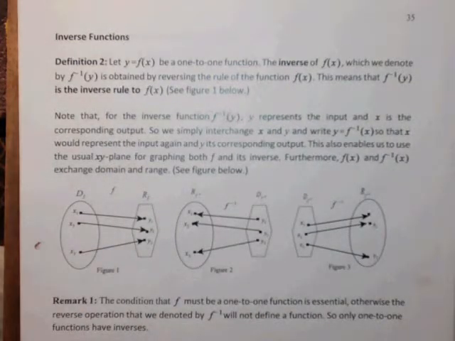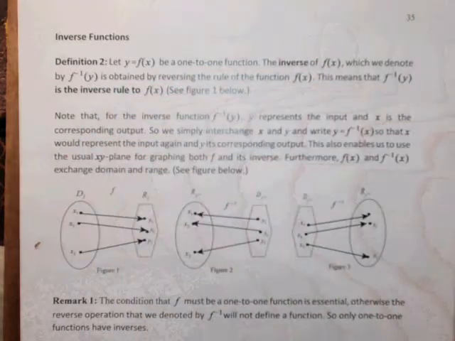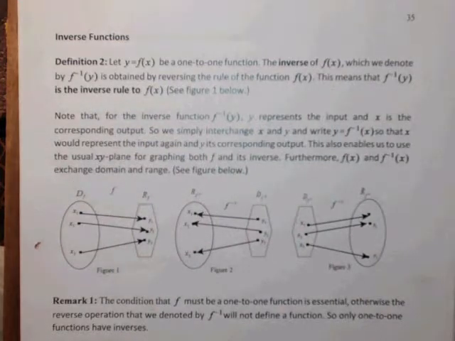Kind of looks weird, you know. So if you think of a function that assigns to each x a unique value of y, then you can think of the inverse function as another operation that reverses that operation, takes the y and then assigns x to it. That's basically a very simple concept.